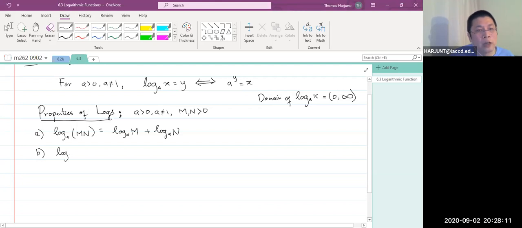Okay, I'll go over that later then. Log of a quotient equals the difference of logs. And log base a of m to the r equals r times log base a of m.